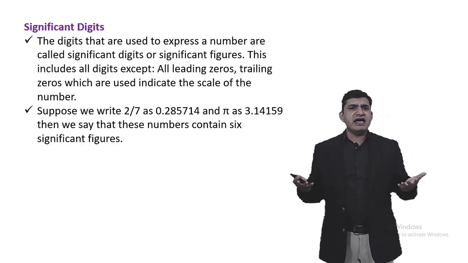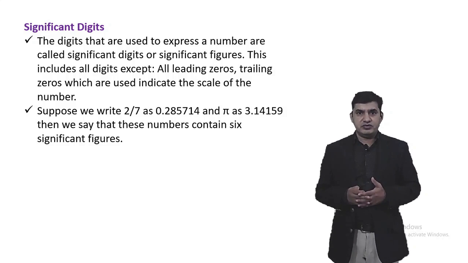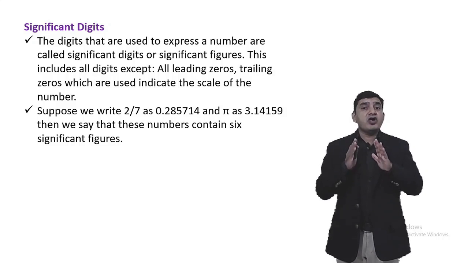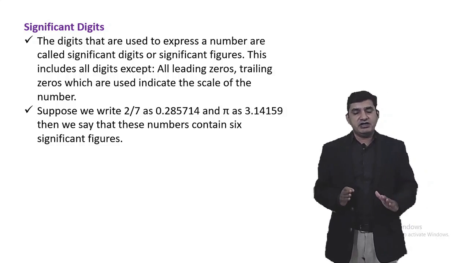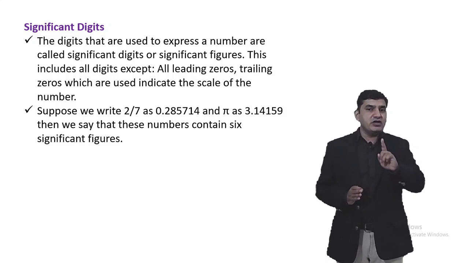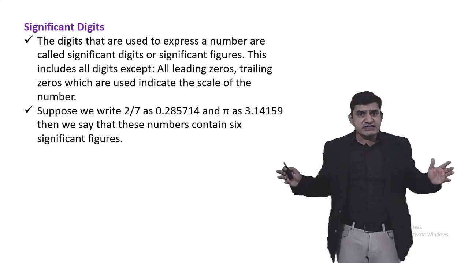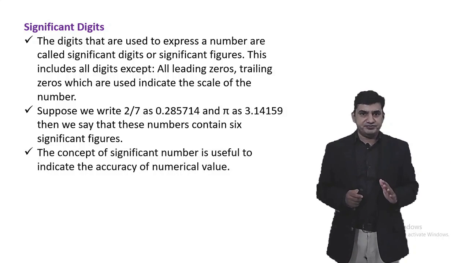Then we say that this number contains 6 significant figures. That is, all the digits have some significance in a measurement, and therefore the value of pi consists of 6 digits, 3.14159, and all these digits have significance, and therefore it has 6 significant figures.